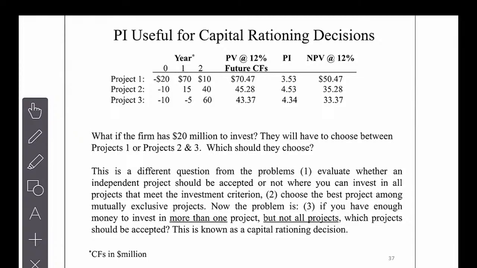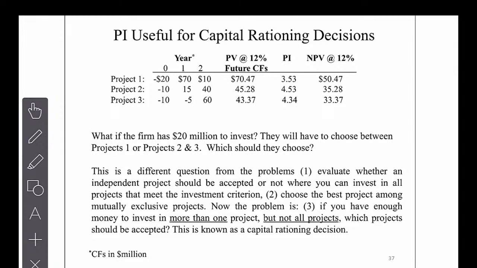So NPV positive, or PI is greater than 1, or IRR is greater than RRR. That's the independent project analysis. Mutually exclusive, we talked about when you have to pick one, you pick the one with the better outcome, or you do the incremental project analysis that you're going to practice. But then there's a situation where you have a budget and you can take more than one project. So here's my example. So you can think of these as millions of dollars.